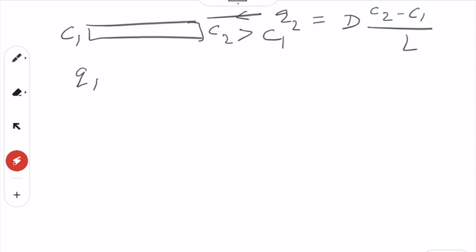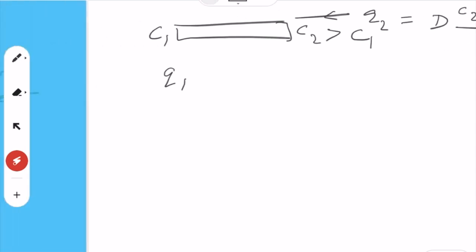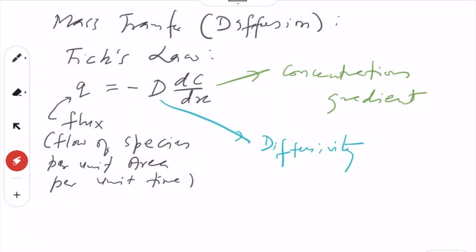Whenever we talk about this small q, that means per unit area.